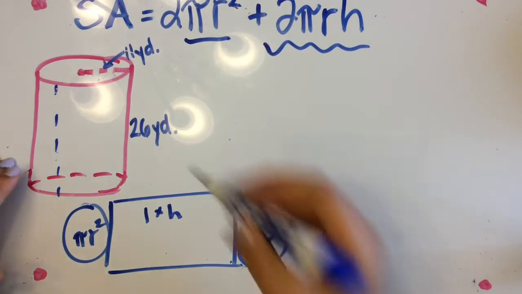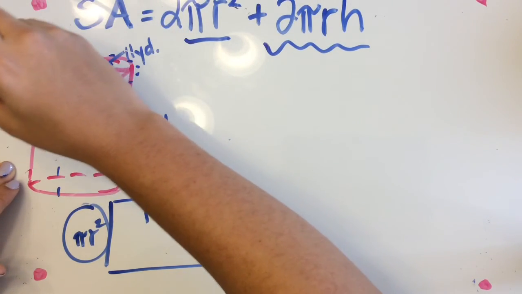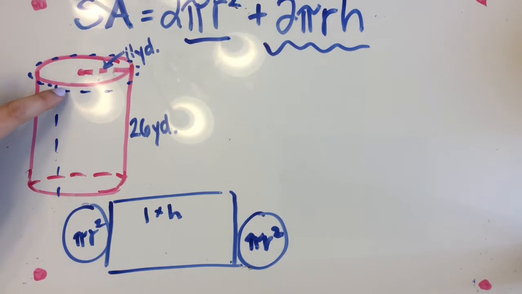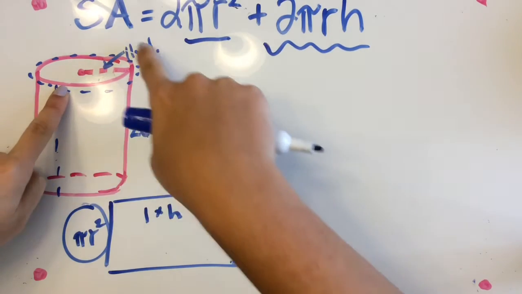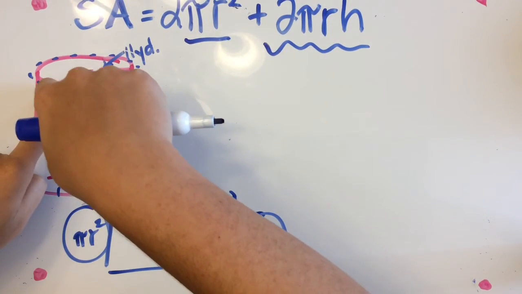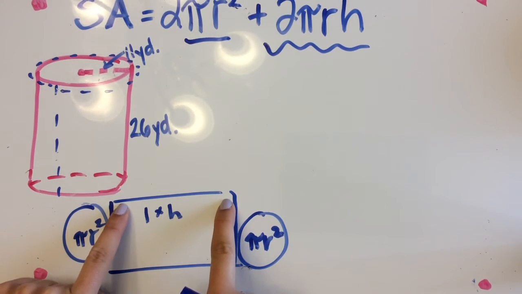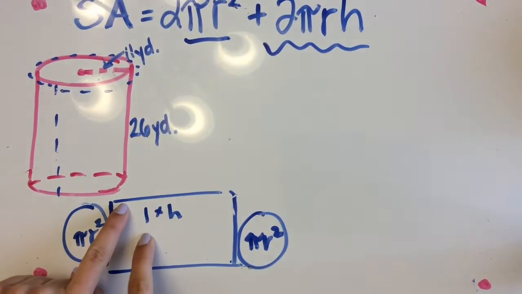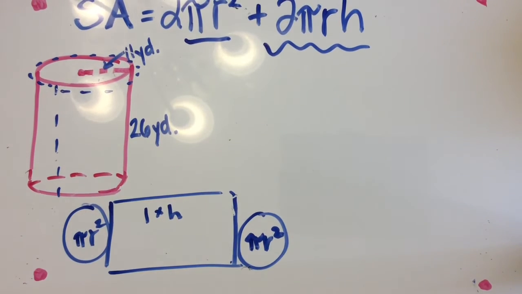But we do know that if we unfolded this, the length would be the same size as the circumference of the circle. If I were to take a string and wrap it around the outer edge of the circle, how long would that string be? That would be the same length as this rectangle. So instead of length, I plug in my equation for circumference, which was included in your notes for our first lesson.